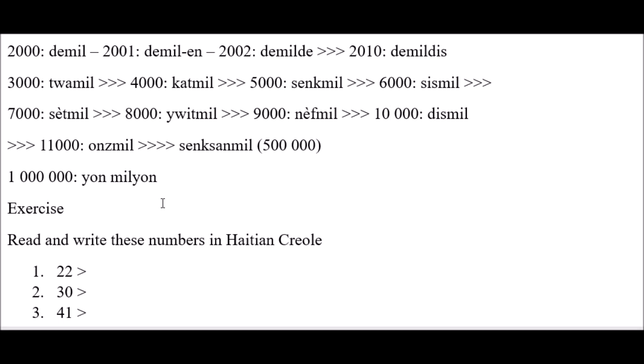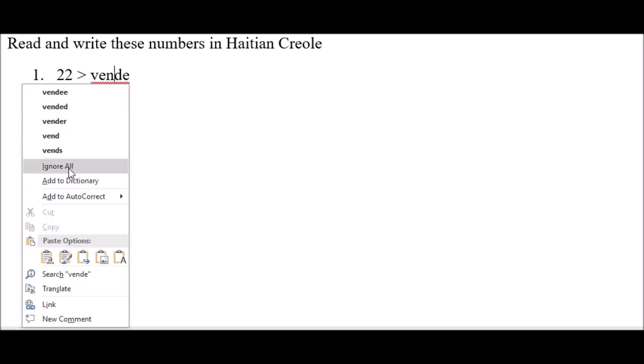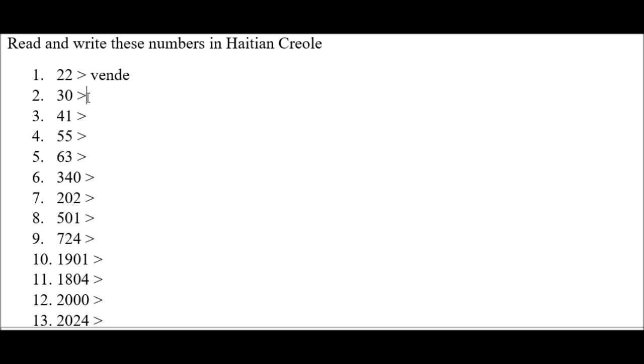Now let's see these exercises. Read and write these numbers in Haitian Creole. Key numbers are here. Which number is this? How to write this? This is 22. We write 22. This one is 30, we write 30.